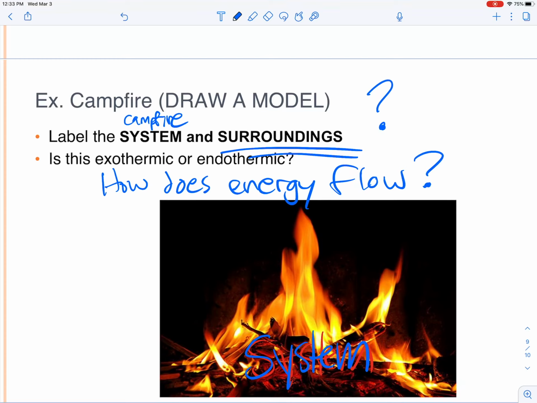Okay, if it's flowing from the campfire to the various surroundings, is that going to be exothermic or endothermic? What do you think? So the campfire, if we're focusing on that, it is releasing energy into the environment. So what kind of reaction would this be? All right, we'll review this and talk about this more tomorrow.